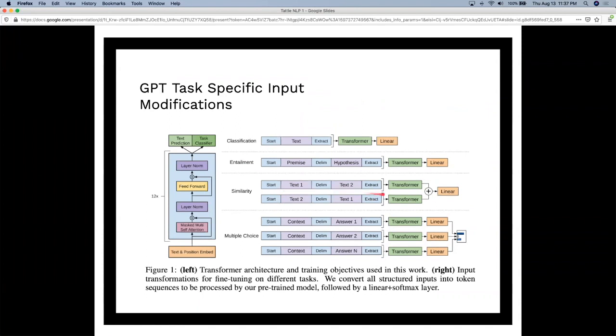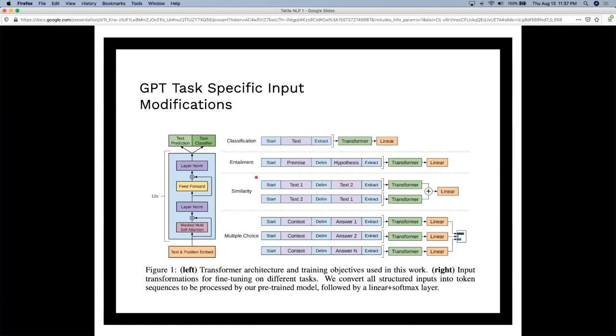Then you create this input where you have a start token, which is a separate token, by the way, with an embedding of size D, whatever the dimension of the model is. Then a sequence of other tokens, x1, x2, x3, and so on. Then another token, the delimiter, to distinguish between the two sentences. Then another sentence, and then the end token. Now this is passed to the transformer. The output is an embedding of the same size as the input.